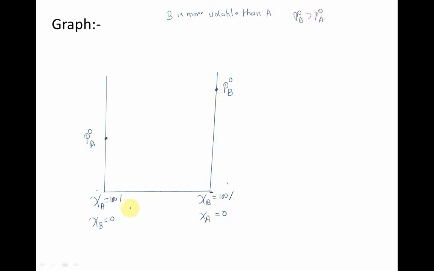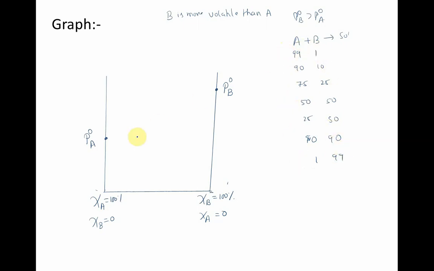Now, once I start, A combines with B to form a solution. Still 99 and 1, again 90 and 10, again 75 and 25, again 50 and 50, 25 and 75, 10 and 90, last 1 and 99. This means the component of A goes on decreasing, and at the same time the component B goes on increasing.